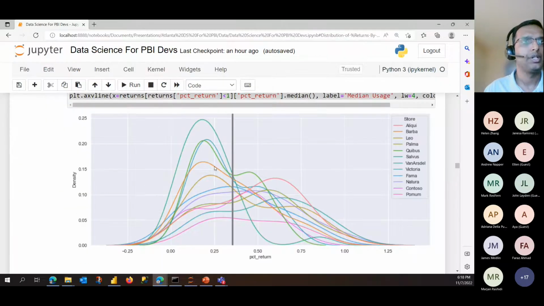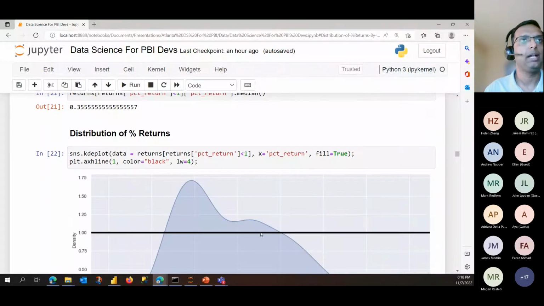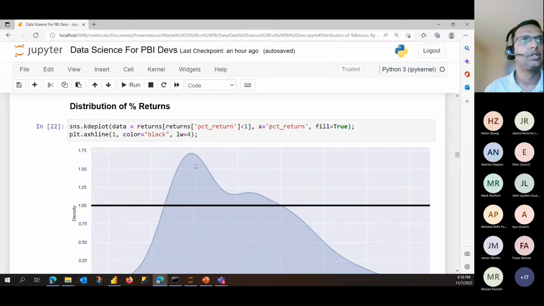Another thing to notice here, like what we did earlier, is that not all the stores follow this exact same aggregate pattern. That is, they are skewed to the right, meaning they have a hump that's on the left-hand side of where the median would be, and they have two different peaks.